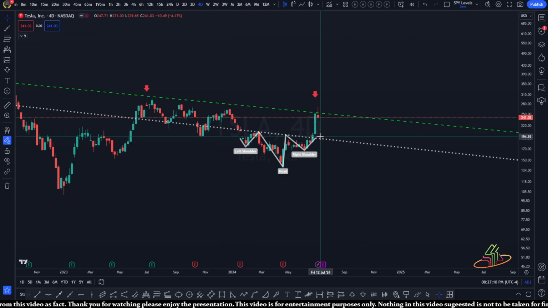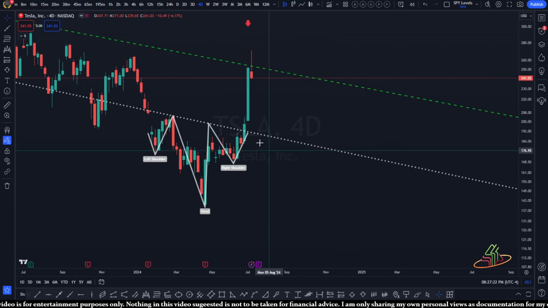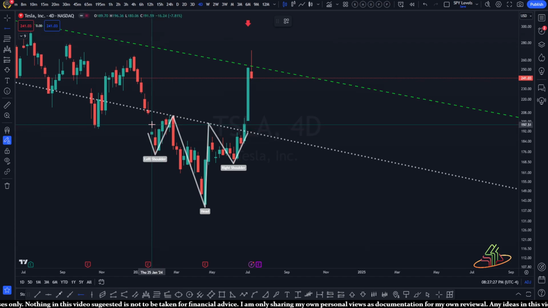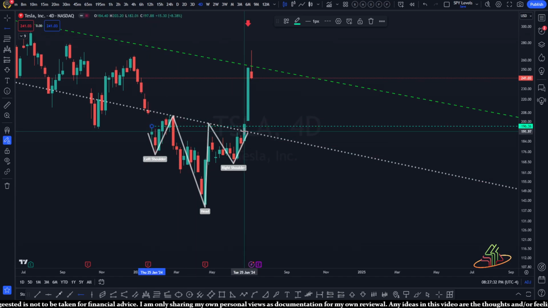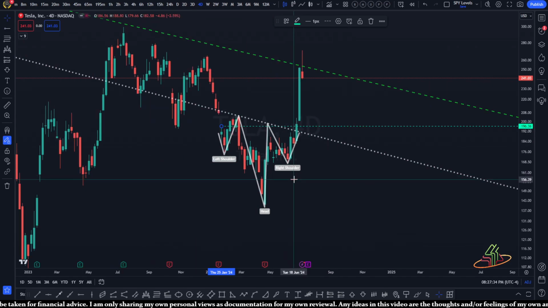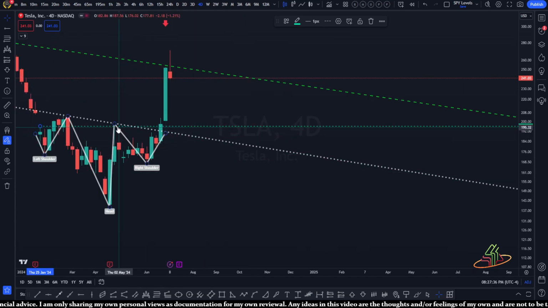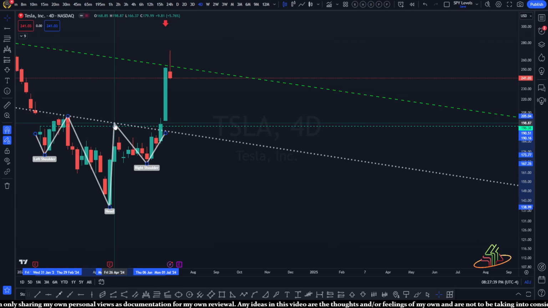My idea is that we're coming all the way back down here to maybe like 193, 198. And when you see this, right, if I open this up real quick, if I take this horizontal line real quick and I put it there, right, we're more or less coming back to this area where we kind of broke out from, right?